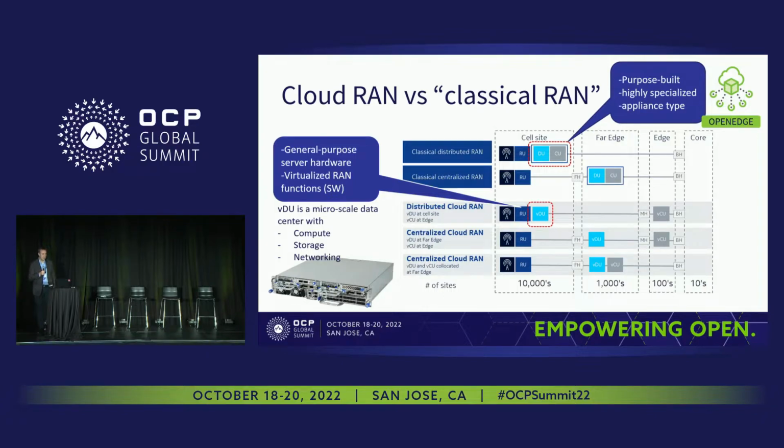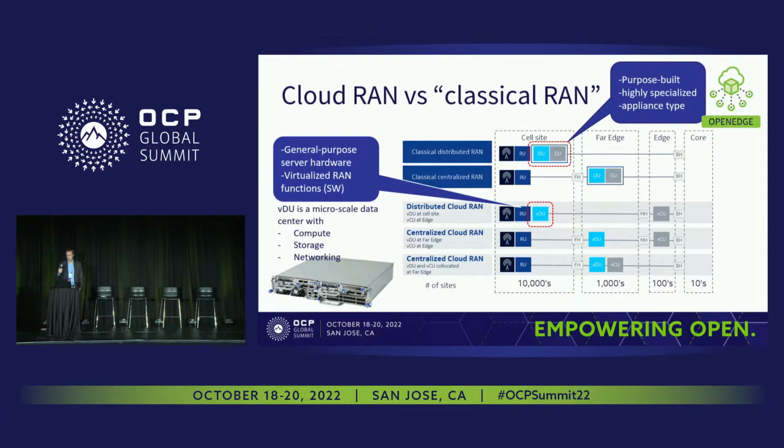And then the more centralized way of distributing the Cloud RAN would be to move the video function into a far edge data center a few tens of kilometers away from the radio site, and then you can pool the video capacity to serve more than just a single radio unit or a few radio units.